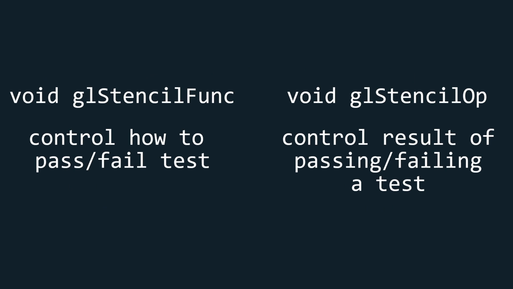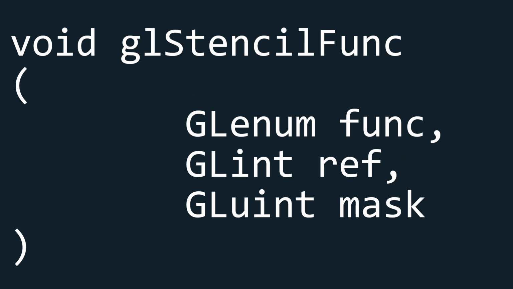Now let's look at two more functions we can make use of, glStencilFunc and glStencilOp. glStencilFunc allows us to control how the stencil buffer passes a test or fails a test, while glStencilOp allows us to dictate what happens when the stencil test fails, when the stencil test passes but the depth test fails, and when both pass. Let's take a deeper look at glStencilFunc. It takes in 3 arguments, a function, a reference value, and a mask.